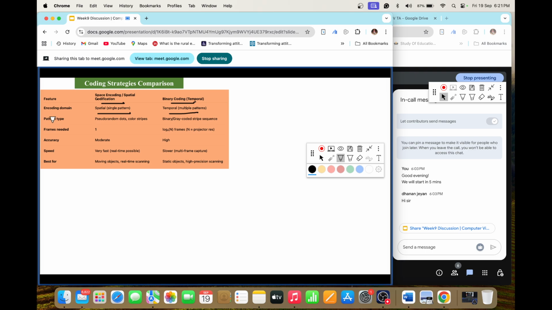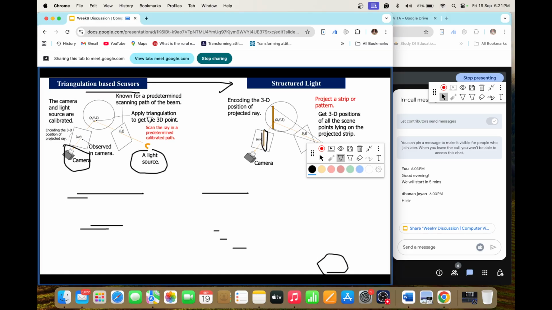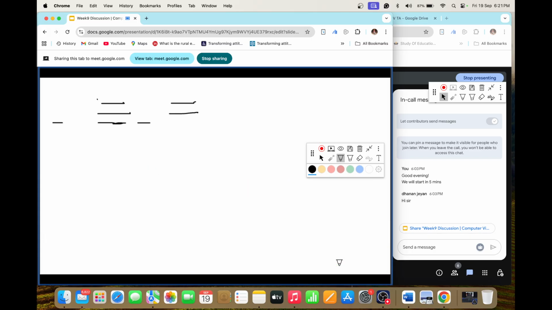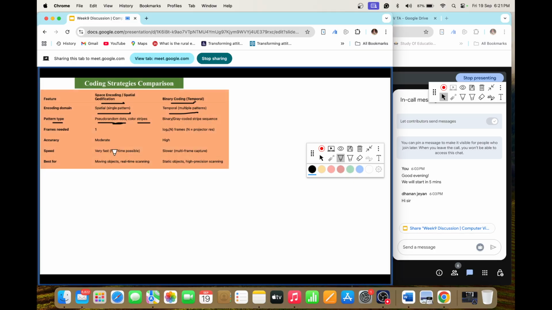So this is one difference. Then pattern type: in spatial coding we either have color strips, that you can see in the first image, or we can have dots, okay. So that is regarding the spatial encoding. But in binary encoding, we have a binary gray coded strip sequence, okay. So this is the difference.